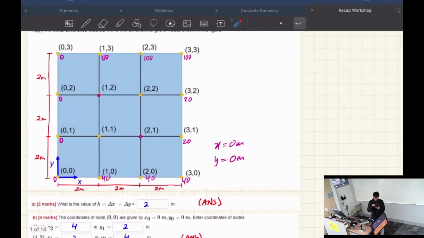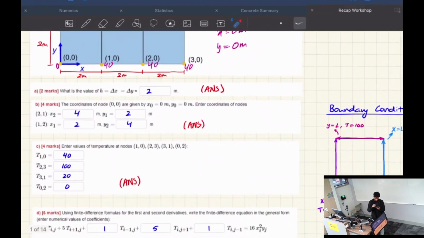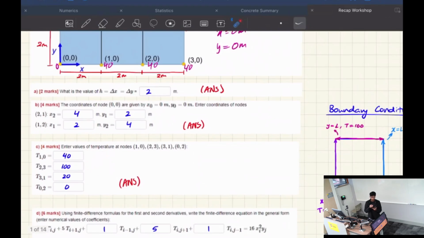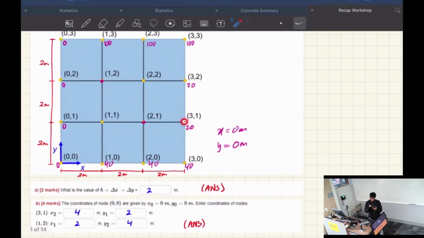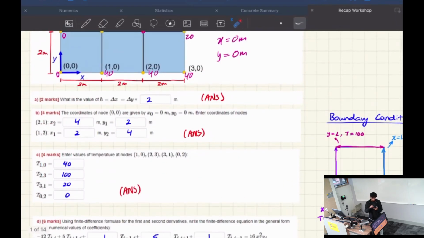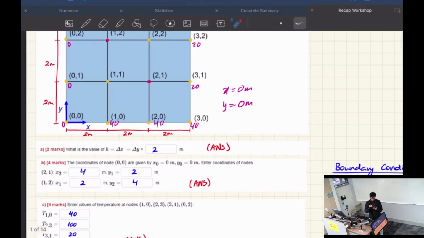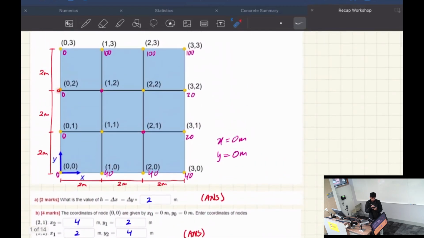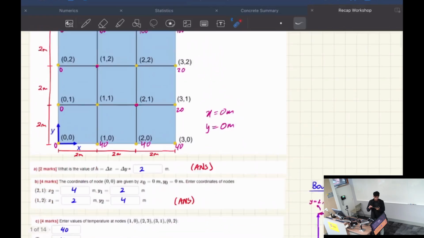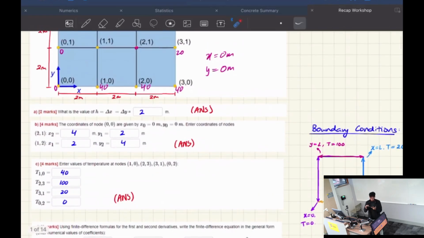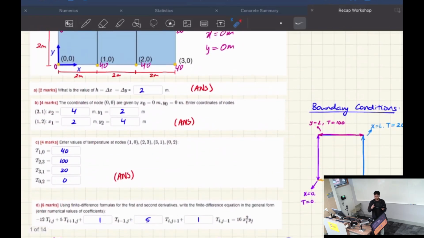T of 2, 3, which is over here, is 100 degrees. So the answer is 100 degrees. At 3, 1, which is over here, the temperature is 20 degrees. So our answer is 20. And 0, 2, which lies up here, our answer will be 0 degrees.